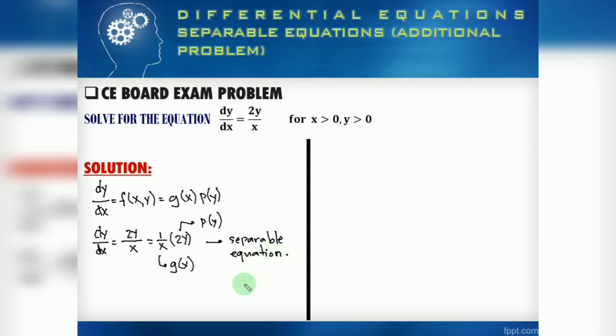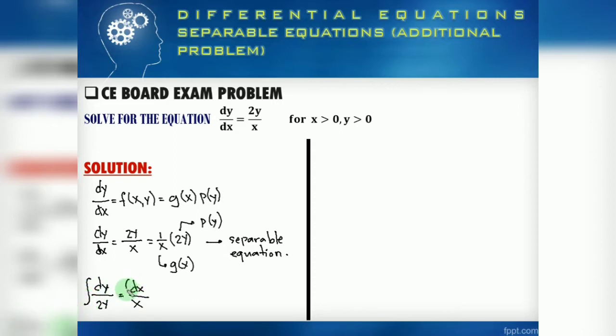By that, we are going to separate the variables. So dy over 2y is equal to dx over x. After this, we are going to integrate, so we apply the integral sign.